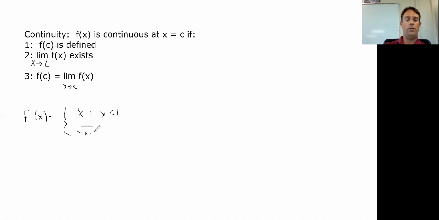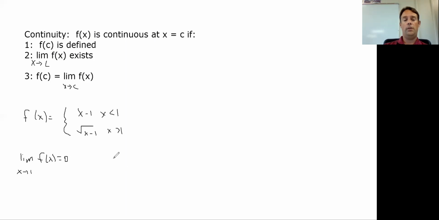For this one right here, we were able to prove that the limit existed at x equals 1. So I'm not going to go through and do all that over again.